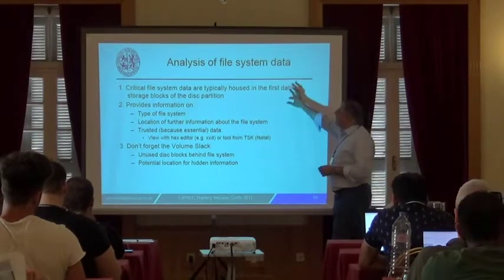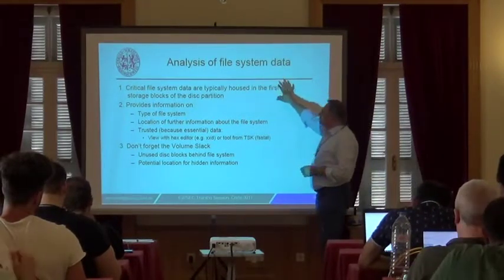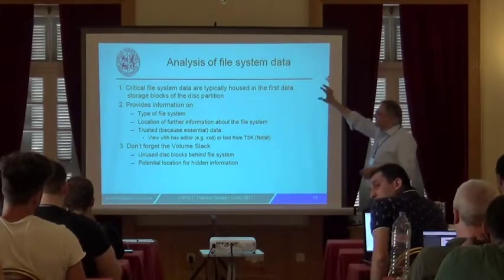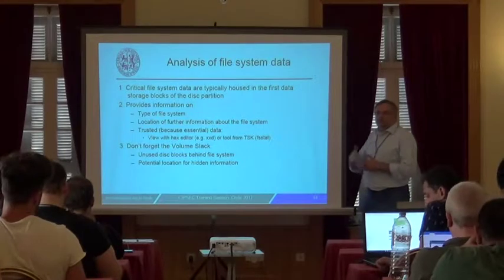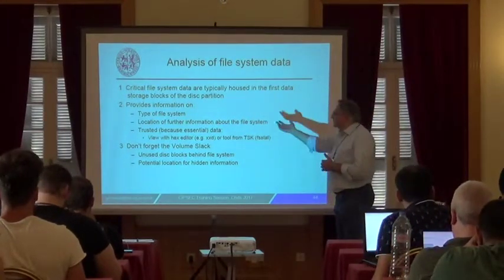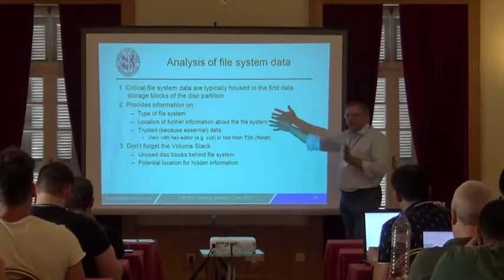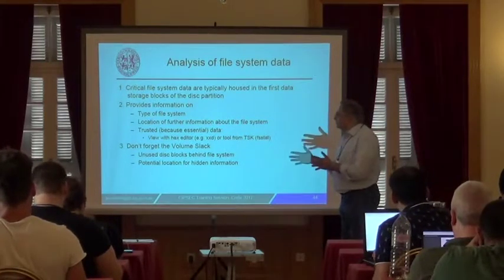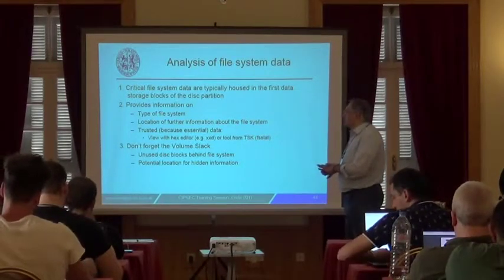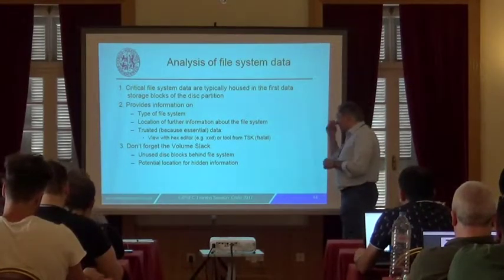Now, as I told you, critical file system data usually are stored in the beginning of a disk partition. This is done because we need a standard way to find this information. We don't want to go into some weird location in the middle of the partition to find this information. We'd rather have it in the beginning, so we can always look at it and find out how that thing is constructed.